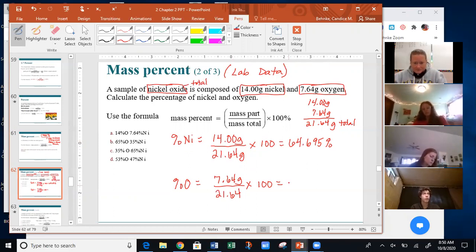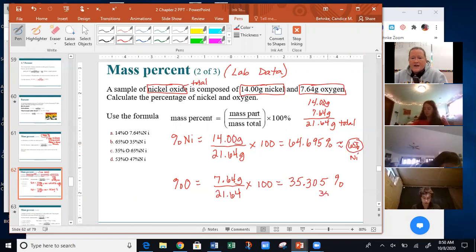And I get 35.305%. So here we're looking at about 65% nickel and 35% oxygen.